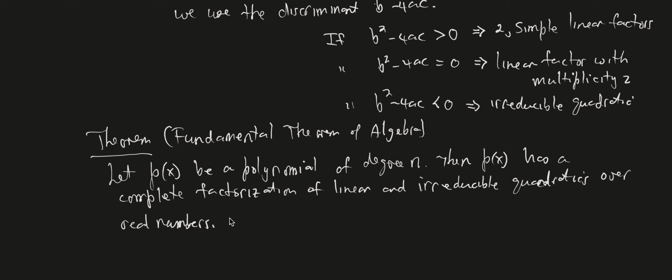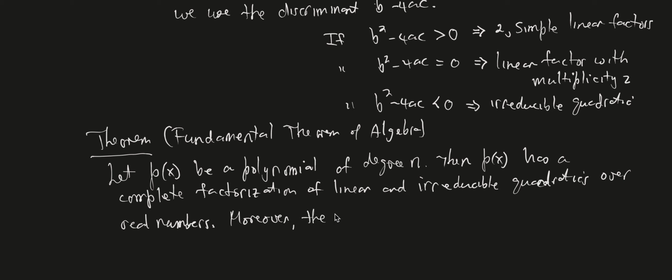Moreover, additionally, the sum of all the multiplicities of all the factors, so if you add up all the multiplicities of the linear factors and all the multiplicities of the irreducible quadratic factors, they have to add up to n, right?